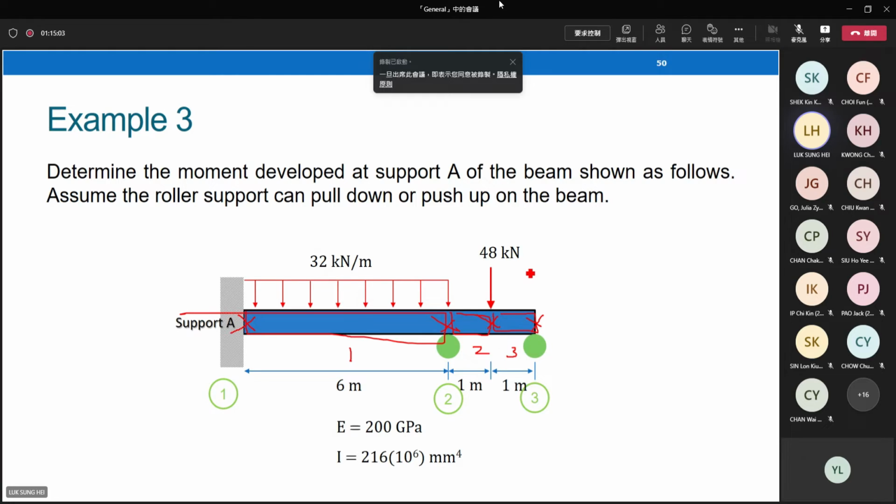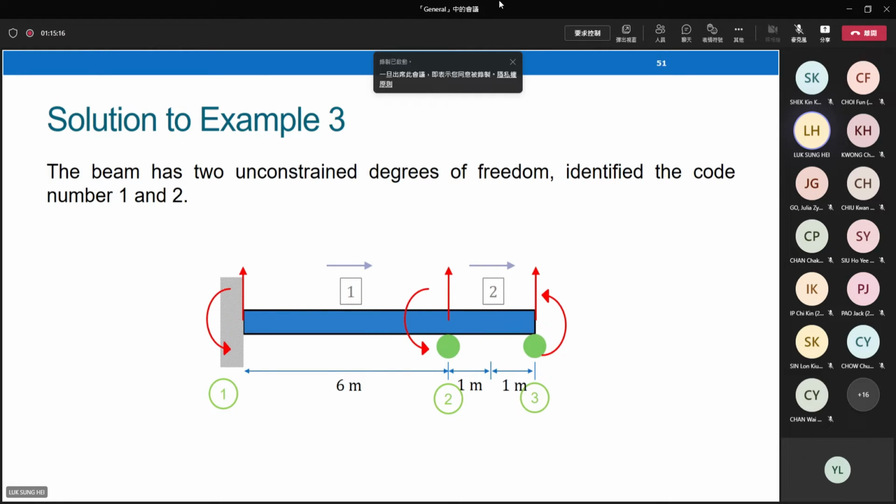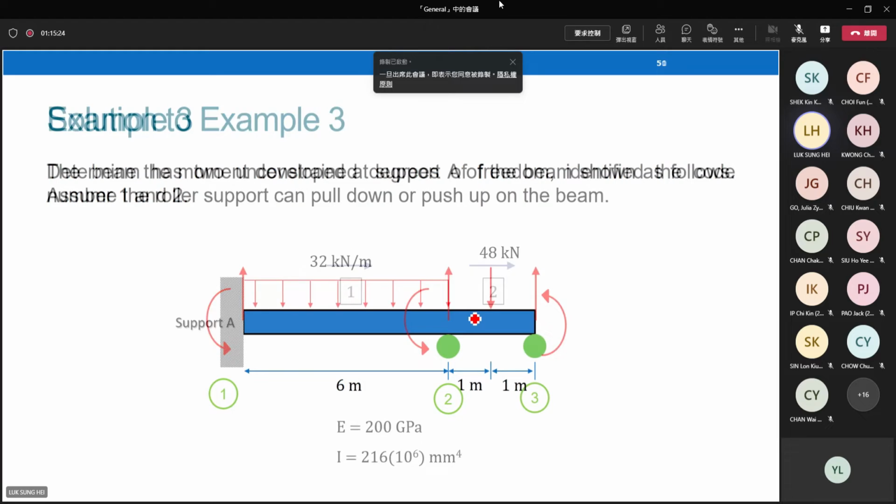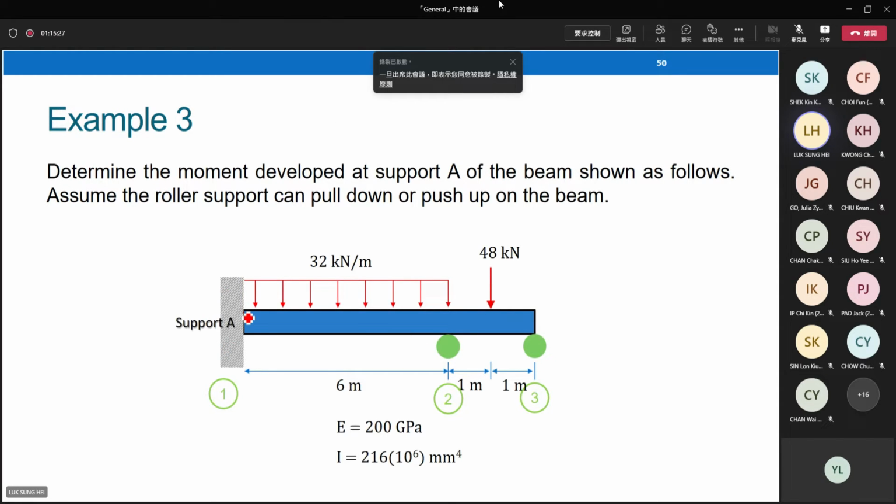But in this problem, I would like to use an easier way. Instead of dividing these structures into 3 elements, here I would like to divide these structures into only 2 elements. Element 1, element 2. Then what is the consequence?